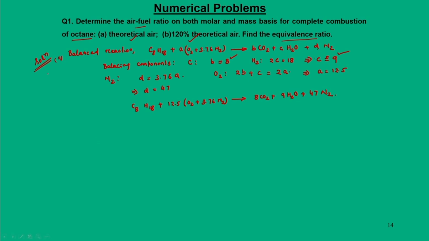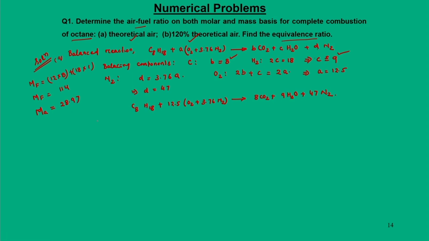Before that, we write the molecular weight of the fuel, C8H18. The molecular weight of carbon is 12 and there are 8 of them, so 12 into 8 plus hydrogen 18 into 1. So, the molecular weight of fuel is 114. We all know the molecular weight of air is 28.97.